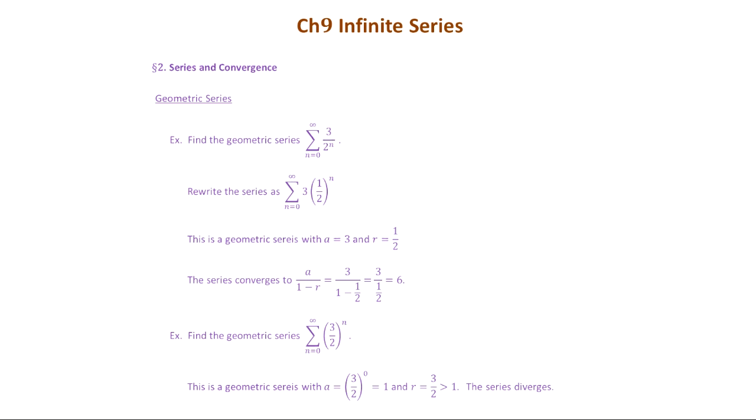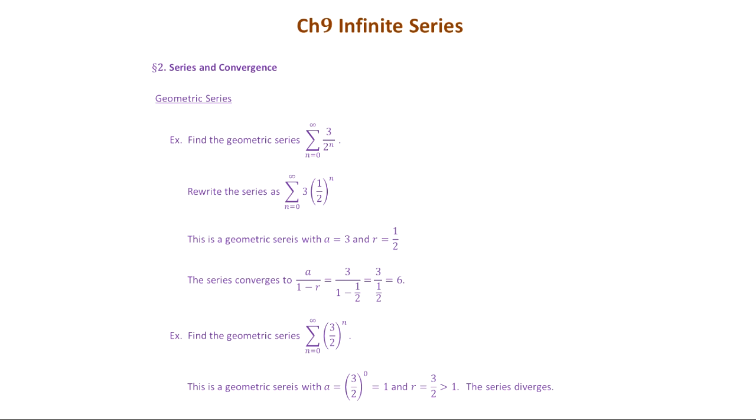Let's do some examples of geometric series. You can use geometric series in many situations, and it's quite powerful. So let's find the sum of the geometric series of 3 over 2 to the n.